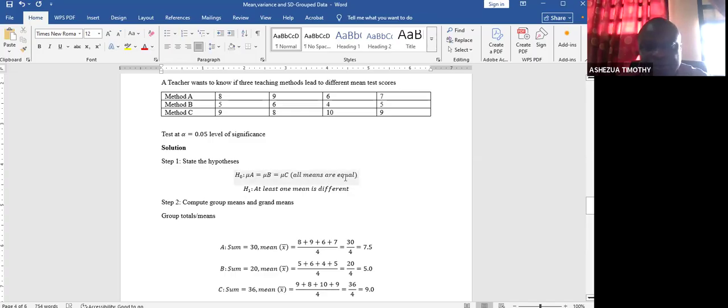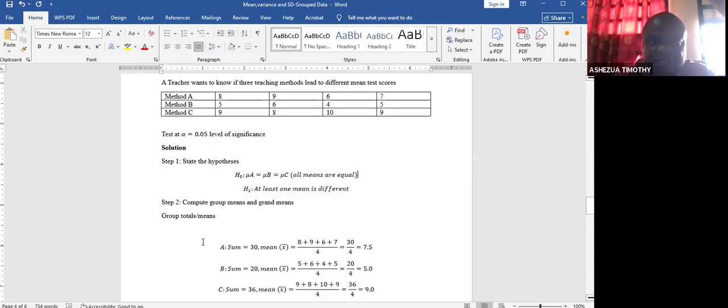This is the null hypothesis. N-U-L-L, null hypothesis. The null hypothesis is represented by H0, while the alternative hypothesis is represented by H1. And in the alternative hypothesis, we state that at least one mean is different.